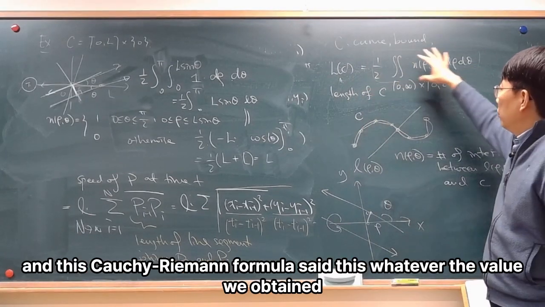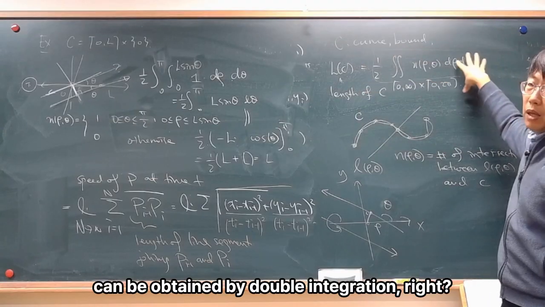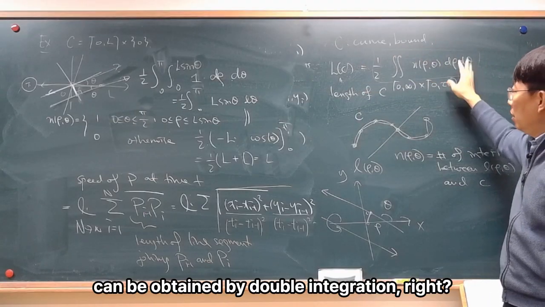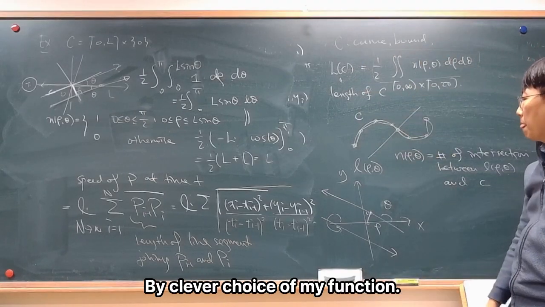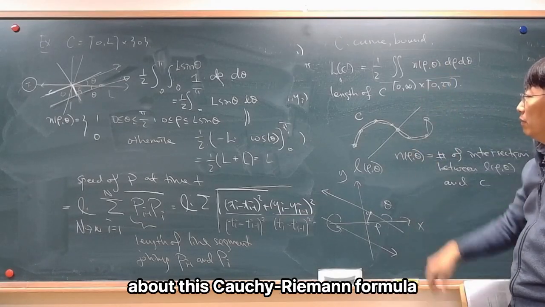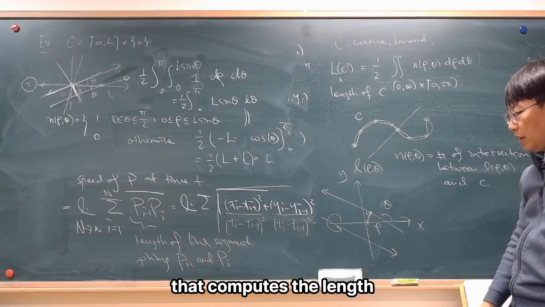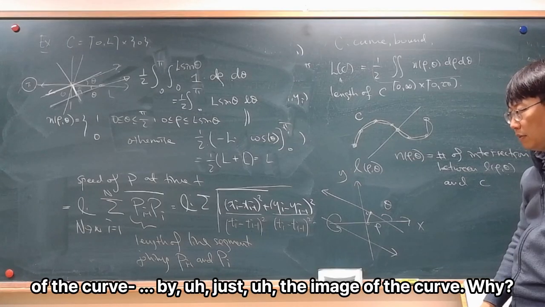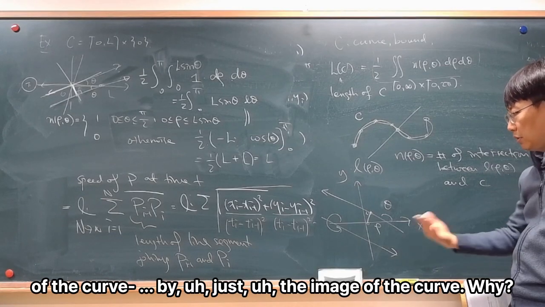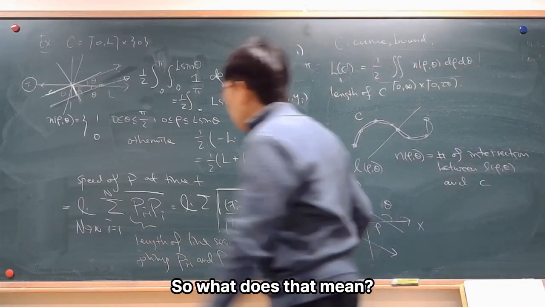And this Cauchy-Crofton formula says that whatever value we obtained by single integration can be obtained by double integration, by a clever choice of my function. Another interesting thing about this Cauchy-Crofton formula is that you can actually make a program that computes the length of the curve from just the image of the curve. Why? What does that mean?